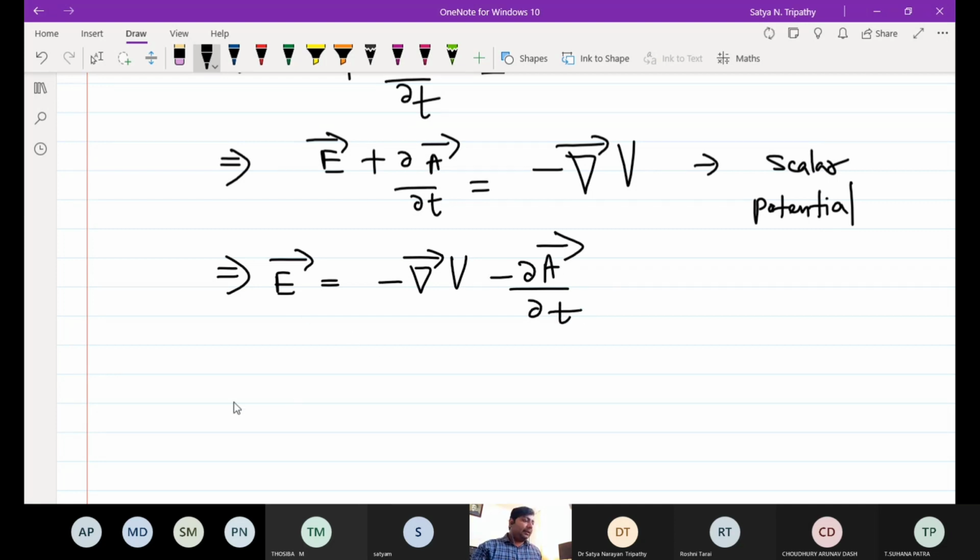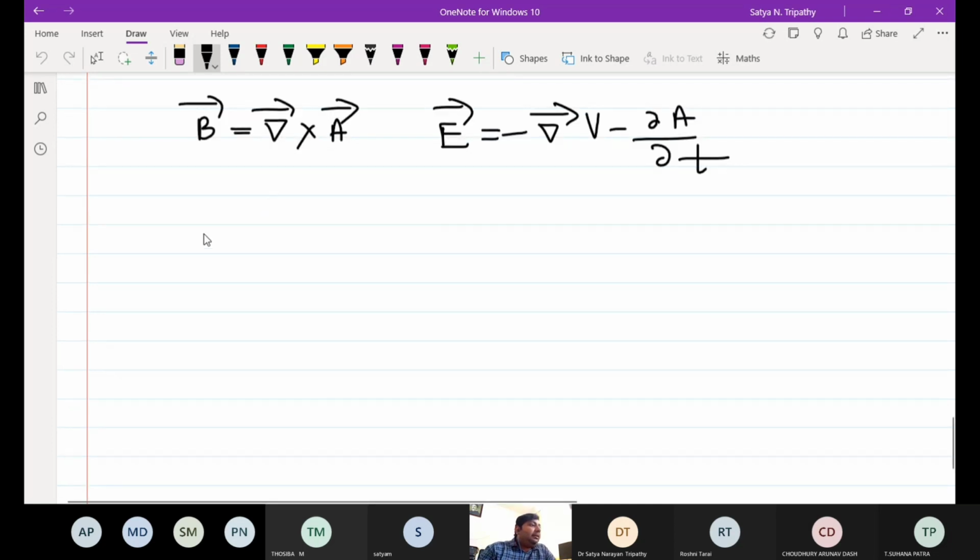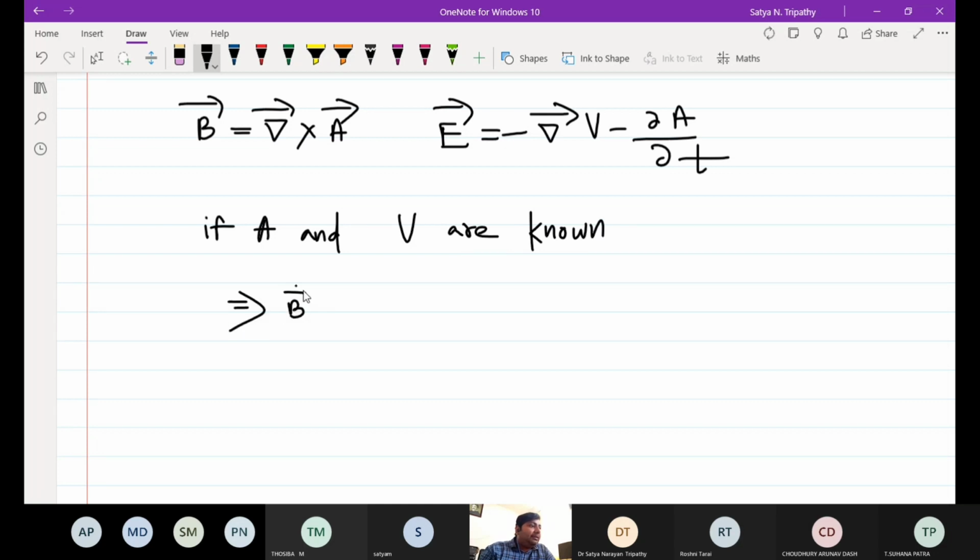So this is the electric field, and the other one is the magnetic field. Magnetic field B is equal to del cross A, and electric field is minus gradient of V minus dA by dt. Now I would like to write that if A and V are known, then B and E can be calculated.